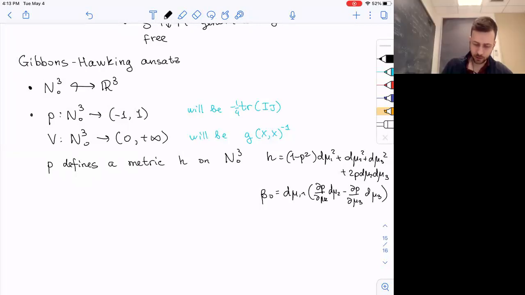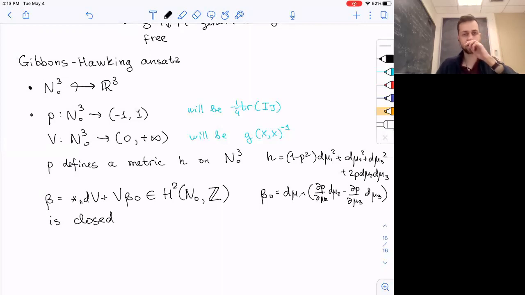So P defines a metric and a two form, and the assumption is that the following two form, which you can cook up from this data, specifically star dV plus V times beta 0, is closed, and you want its class to be an integral class.